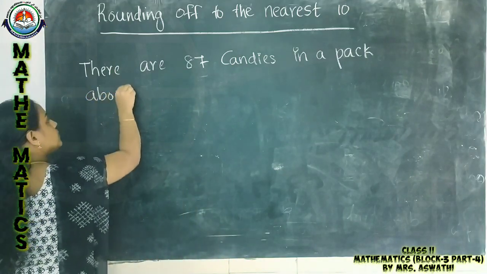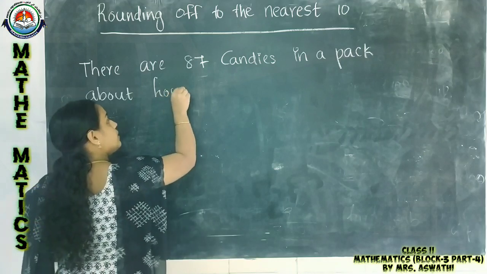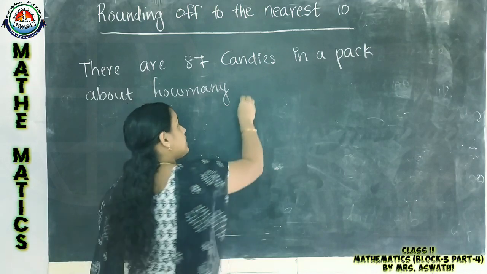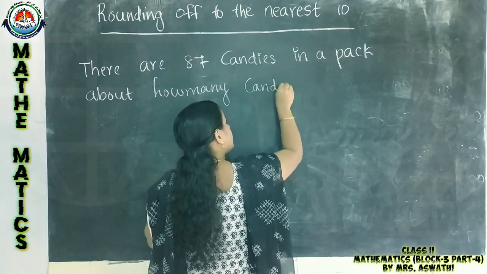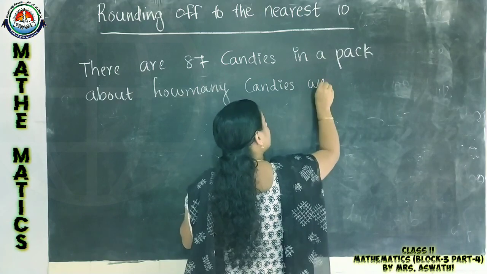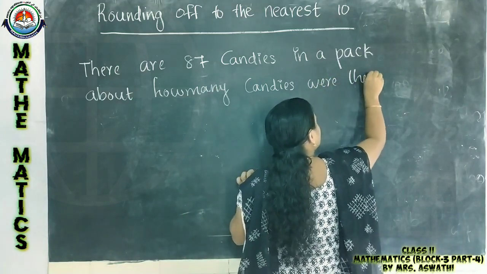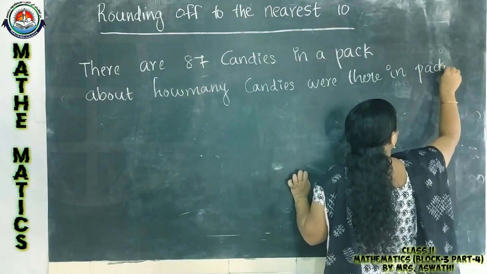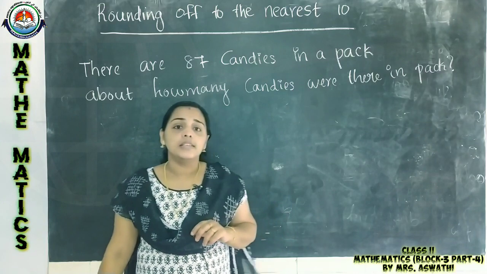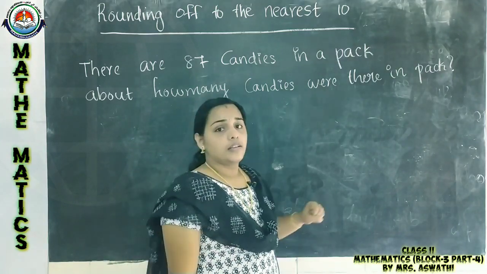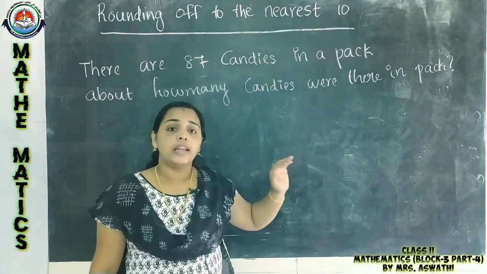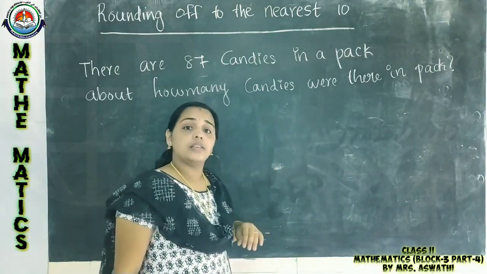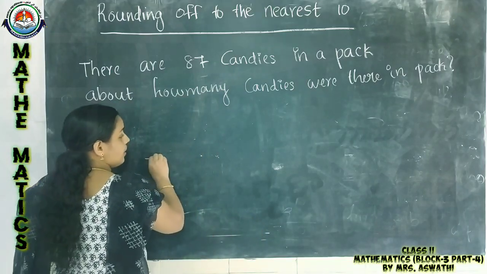About how many candies were there in a pack? Can you find this? How can we find it? Yes, first we find the two tens between which this number lies. Okay, first we draw the number line.